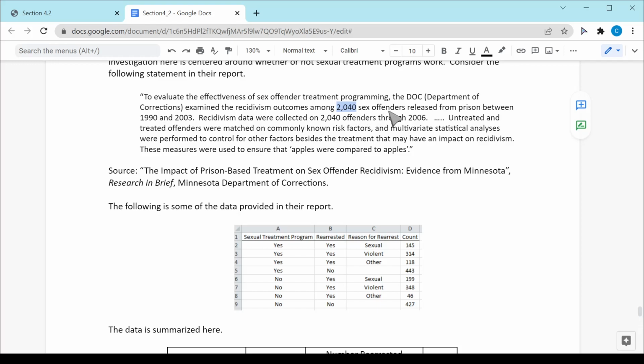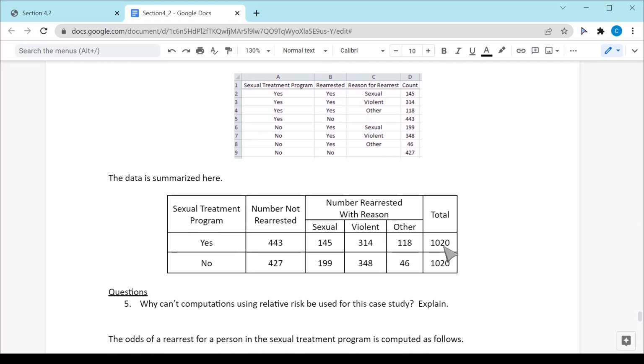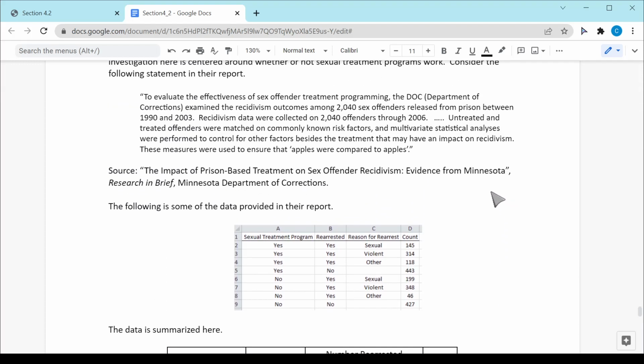There were 2,040 people in this study. 1,020 of them went through the sexual treatment program. That's this line here. But what they did is they tried to match those people with people that did not go through the sexual treatment program. So they were matched on commonly known risk factors. So maybe what age they were.